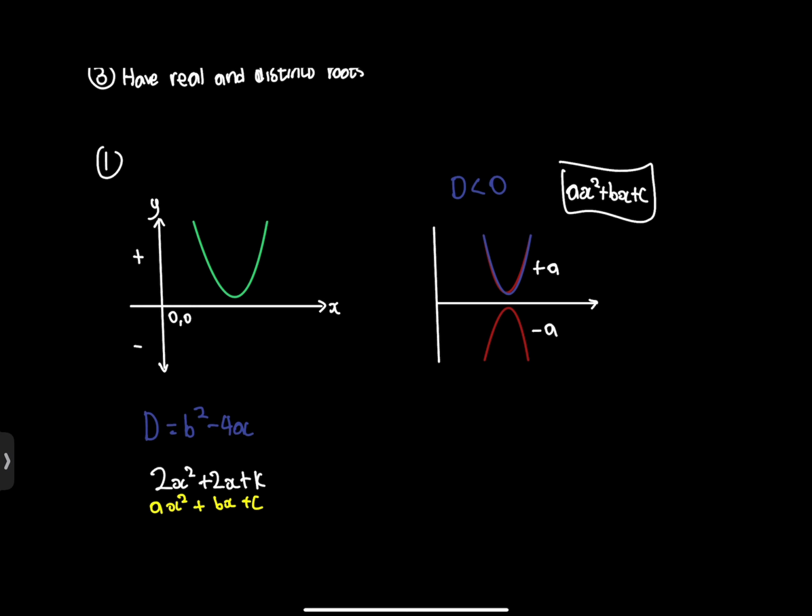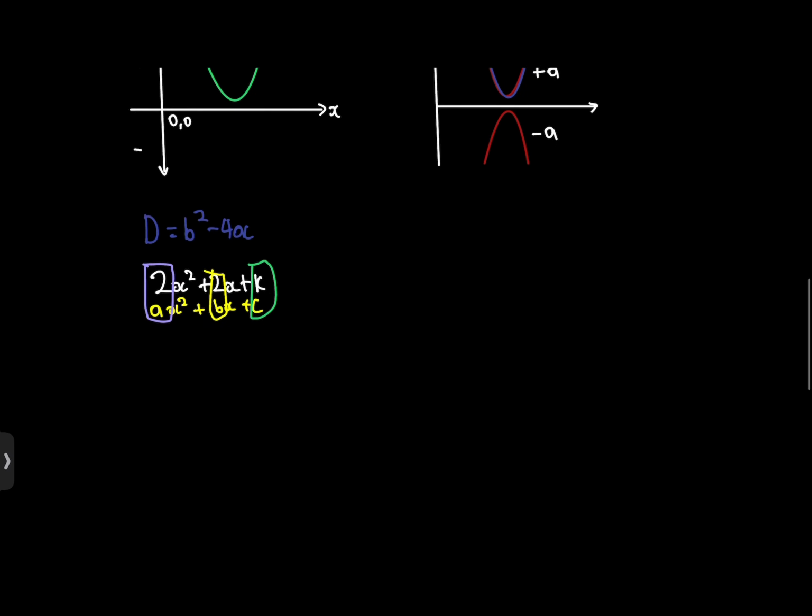Well, b would just be 2, c would be k, and a would be 2. So let's plug these values in. So our discriminant is going to be equal to 2 squared minus 4 times 2 times k.